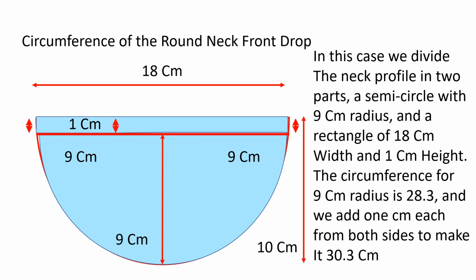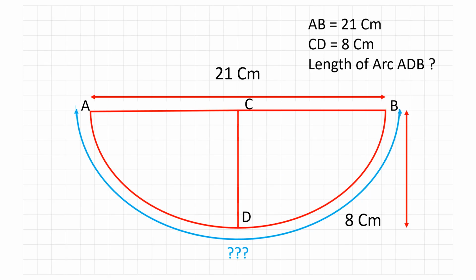Similarly, profile lengths where drop is bigger than the half neck width can be calculated by dividing the neck profile in 2 parts, a semicircle and a rectangle. We now come to the most awaited part of finding out the length of an arc so formed by the neck width, which is larger than twice the neck drop.